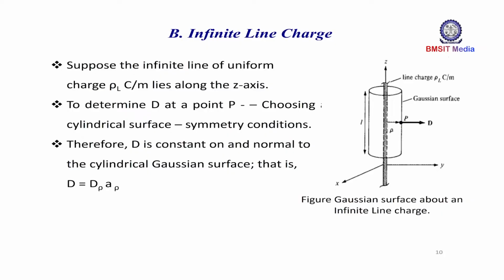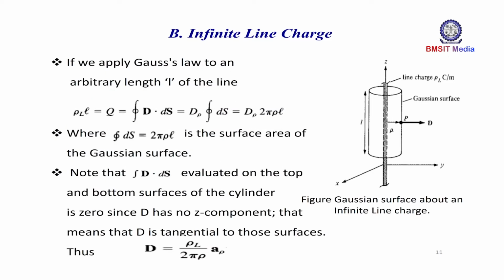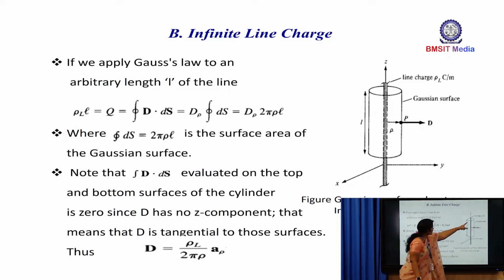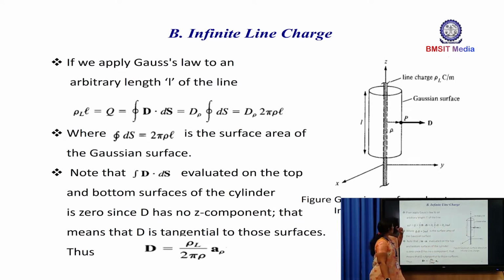Now when we apply Gauss law to this line charge, we apply it to an arbitrary length L of the infinite line. So by applying Gauss law, the charge is rho L into L, which is your charge Q.